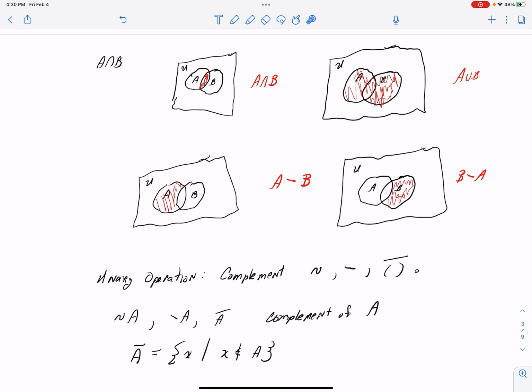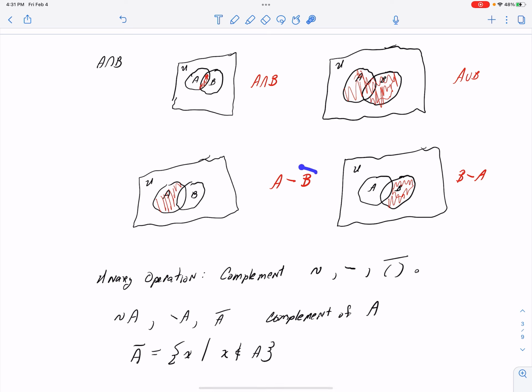If I wanted to draw an arbitrary Venn diagram of A union B, what would I do? Well, A union B means it's either in A or in B. My arbitrary Venn diagram would look like that, right?